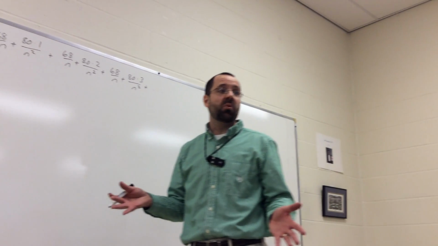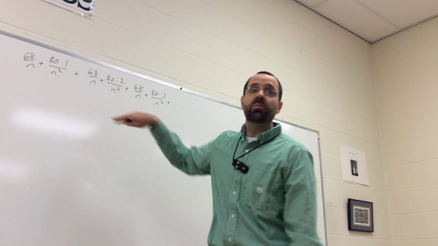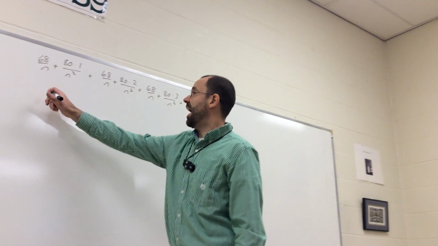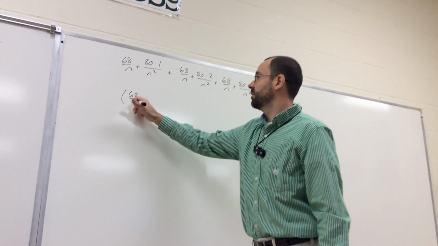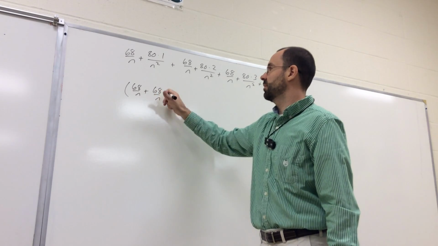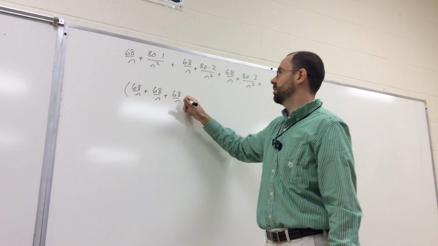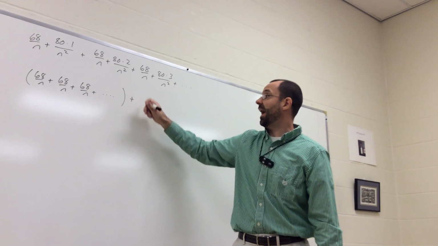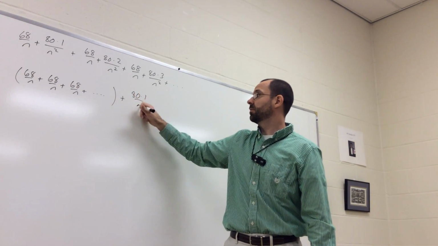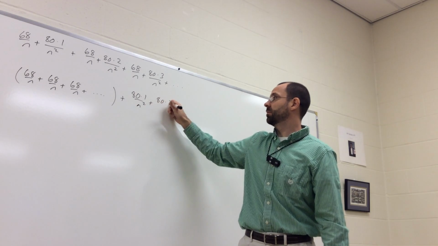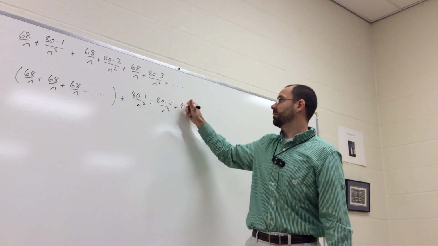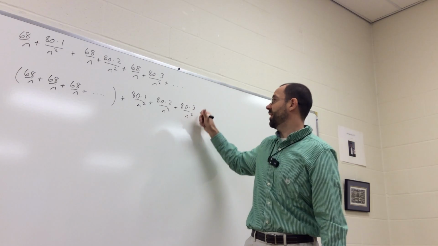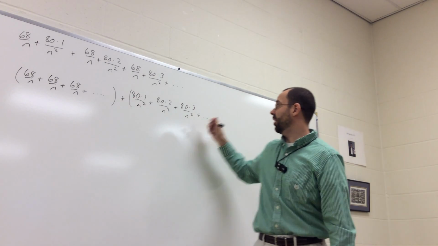Okay, so the first thing I'm going to point out is I could regroup this, right? Couldn't I add the 68 over n's all together, and then later add these? Because that's the way adding works, right? I can regroup that way.